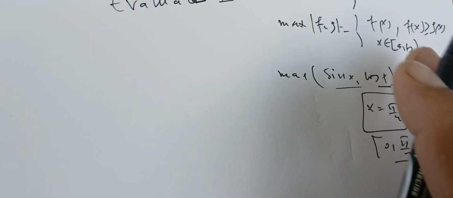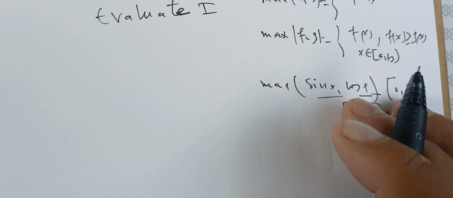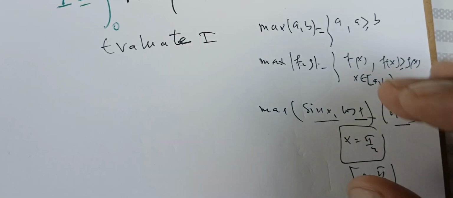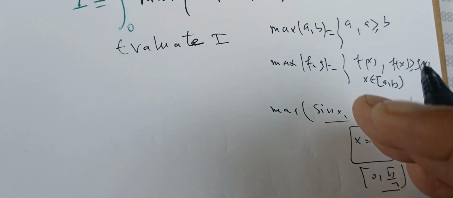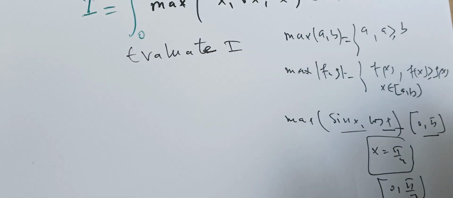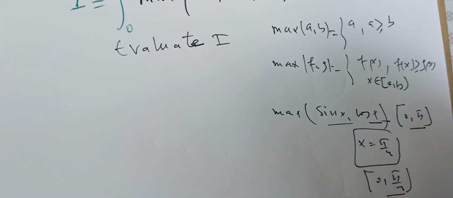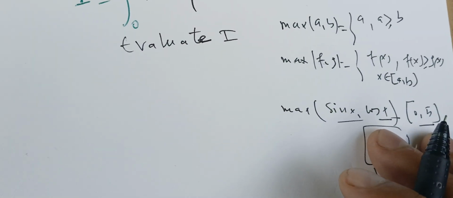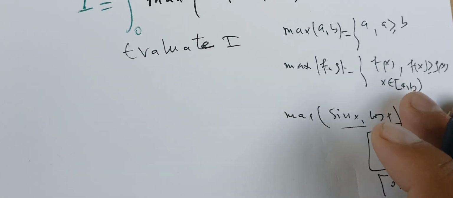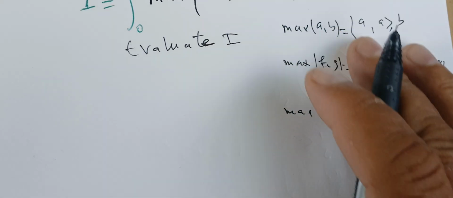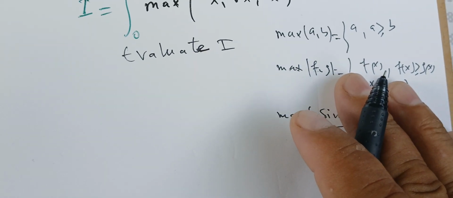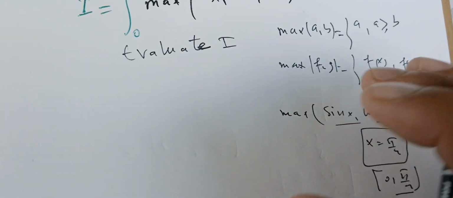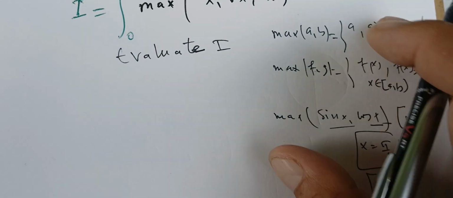And for the others, we will treat them by just looking at the values, comparing the values of the sine and the cosine, or we graph the sine and the cosine on the same graph, and we see from there. Anyways, this is just a simple way of remembering the definition of the maximum. The maximum of two things is the bigger one.